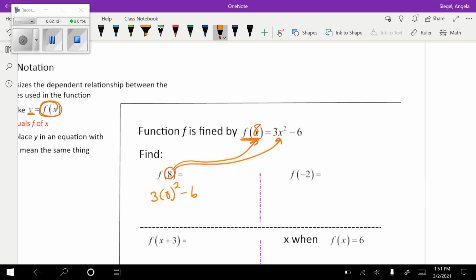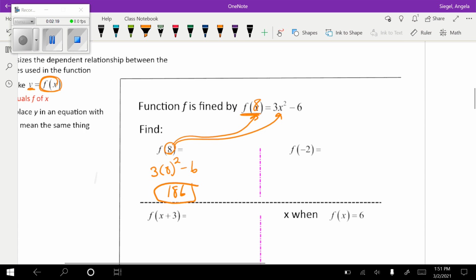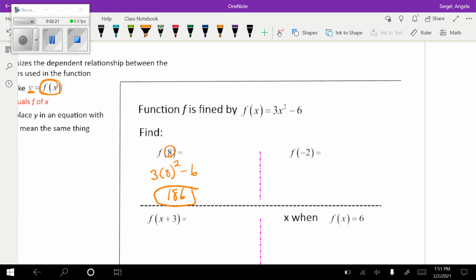So I end up getting 186. And that's what we're going to do for these here. So let's do the same thing. f of -2, I'm going to plug in -2 there and -2 here. Make sure that you're putting this in parentheses. So this should become a +4. So 3 times 4 is 12 minus 6 is 6.